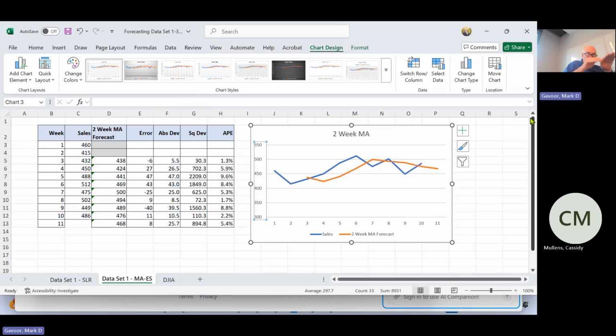Now the average is lagging behind, right? Notice how it's going down. And then it starts going up. But I'm 2 weeks behind, so it's really using these two to calculate this. It's using these two to calculate that. So it's always going to be trailing. If it goes up, it's not going to go up as fast.